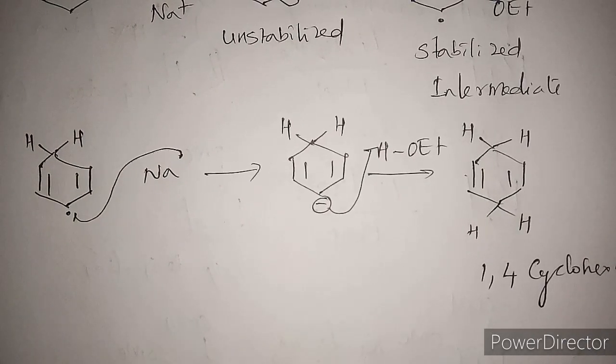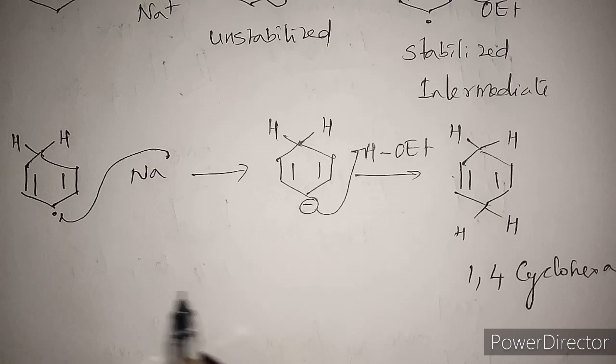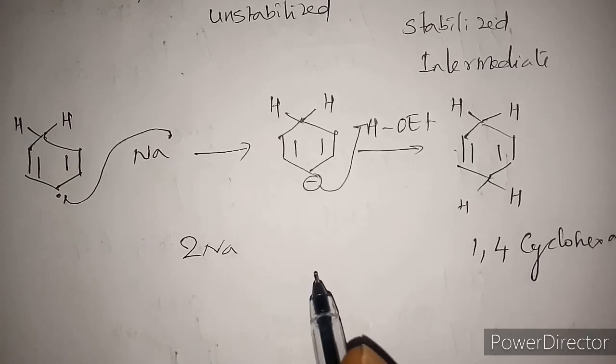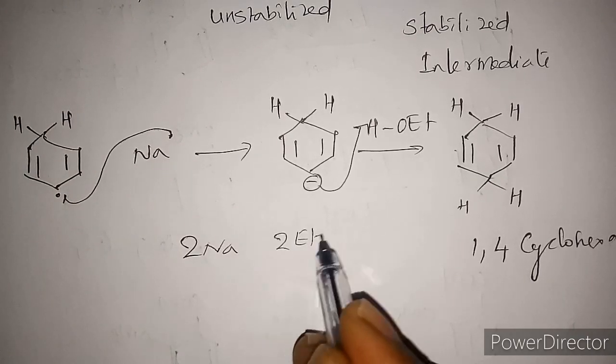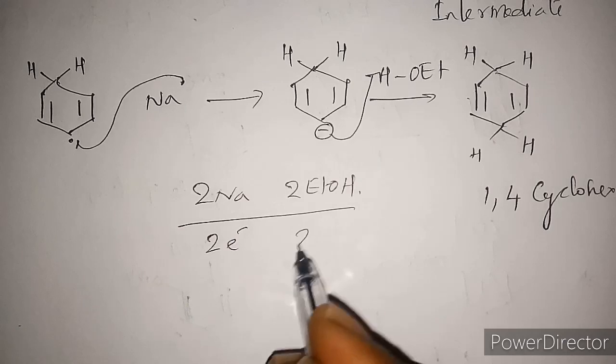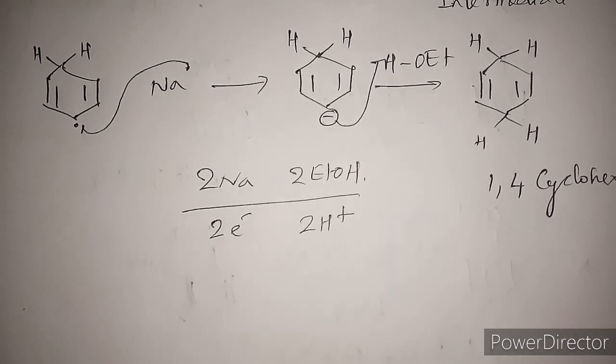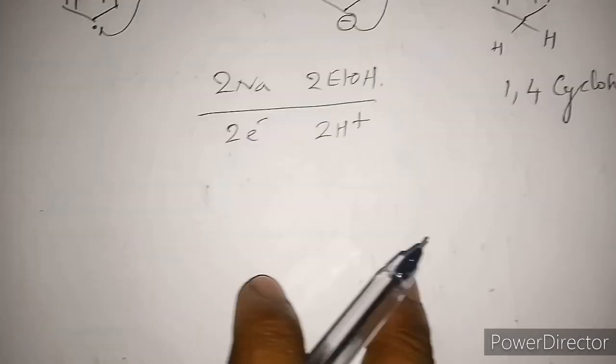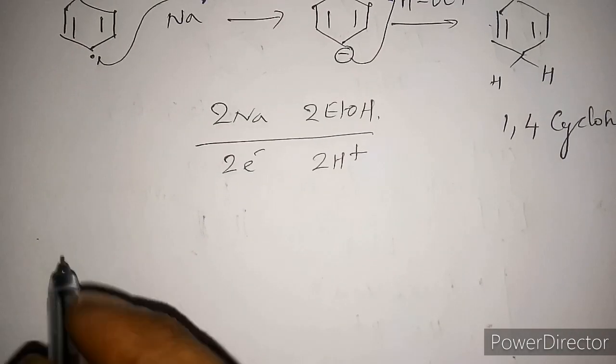So this is how the reaction takes place with 2 sodium and 2 ethanol to reduce. The 2 sodium will give 2 electrons, 2 H plus.